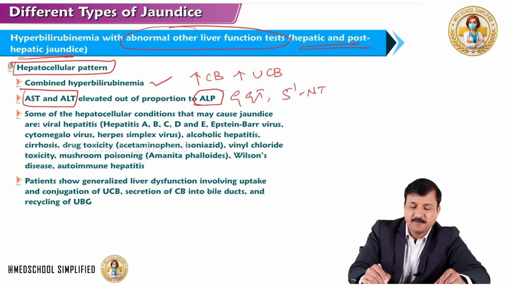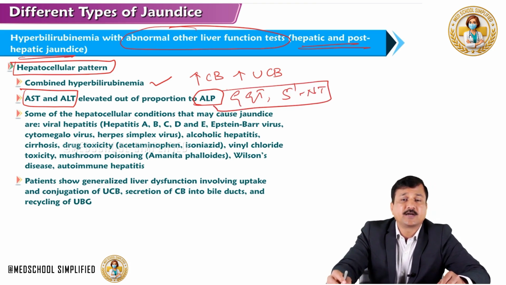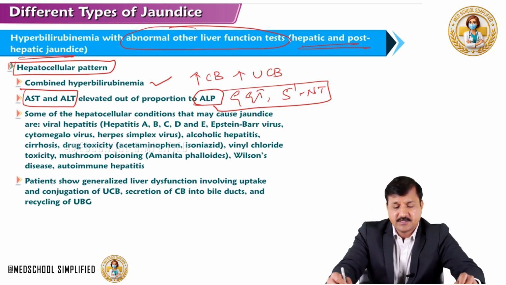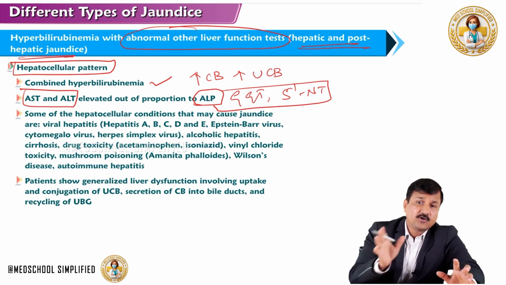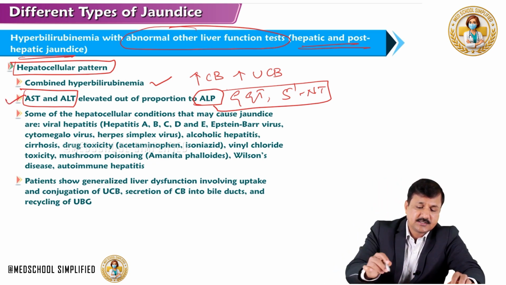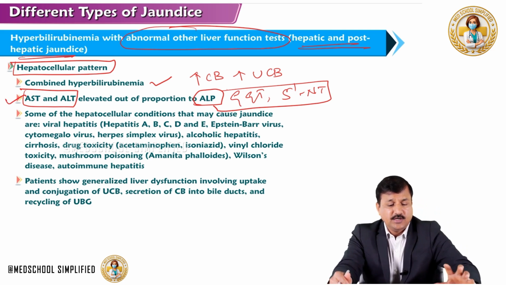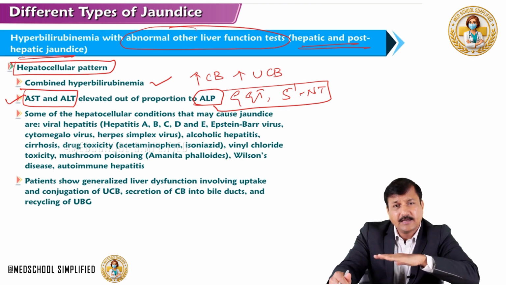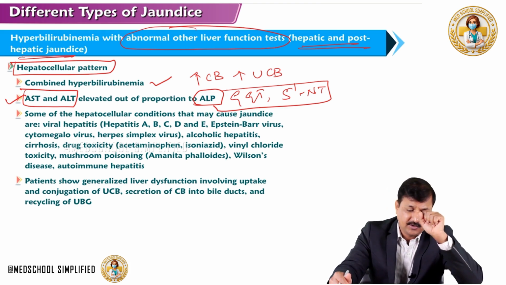These three enzymes indicate an obstructive pattern, that is, obstruction in the biliary canaliculi or in the common bile duct. So when you compare the obstructive pattern of enzymes with the hepatocellular enzymes like AST and ALT, in the hepatocellular pattern of jaundice, AST and ALT will be elevated out of proportion to ALP, GGT and 5' nucleotidase.